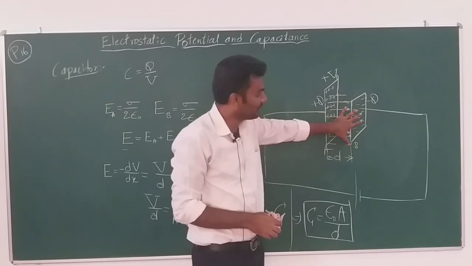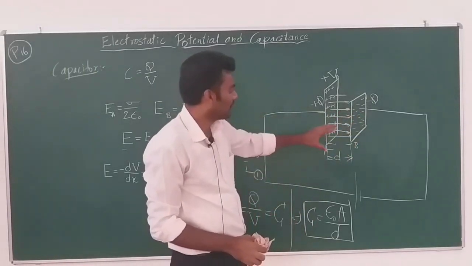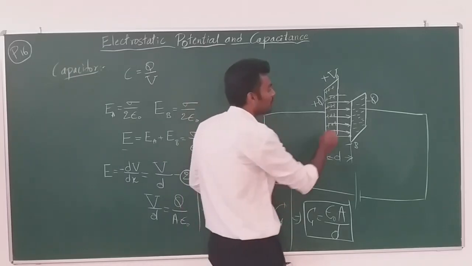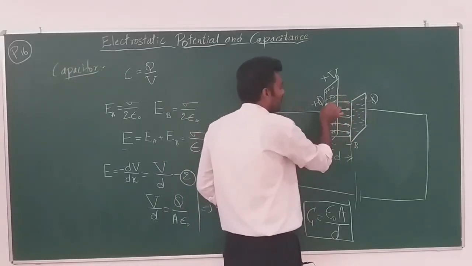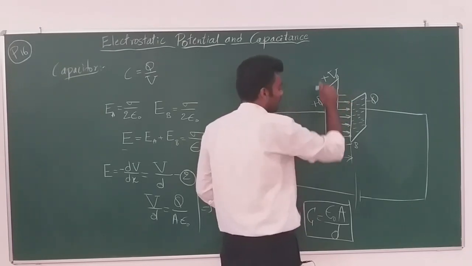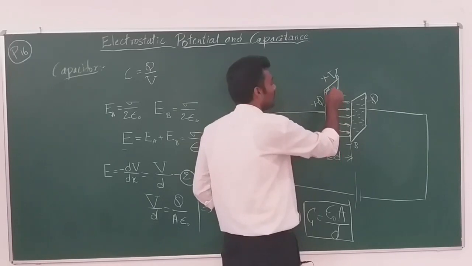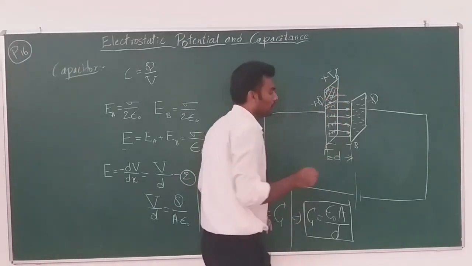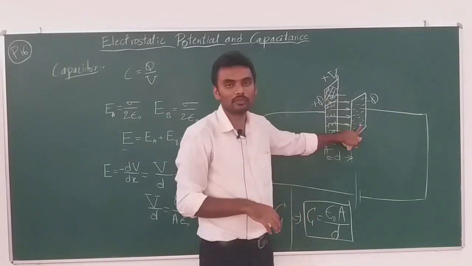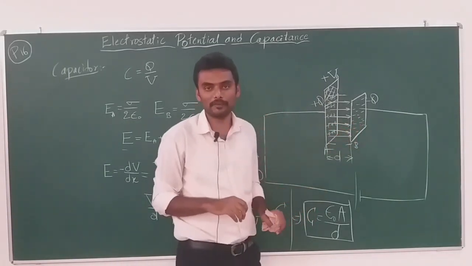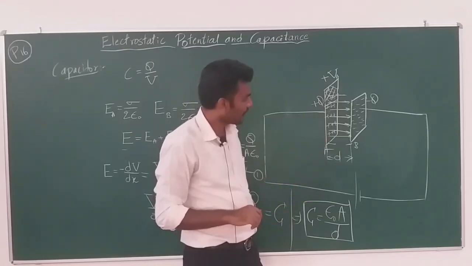What I am telling now is a little extra, just out of curiosity, because many of you think in different ways. This is normally not asked for boards, normally discussed in competitive exams. When you have this kind of arrangement, the part of plate A that is not facing the other plate is not of use for us. So the area to be chosen is the shorter area, the overlapping one.